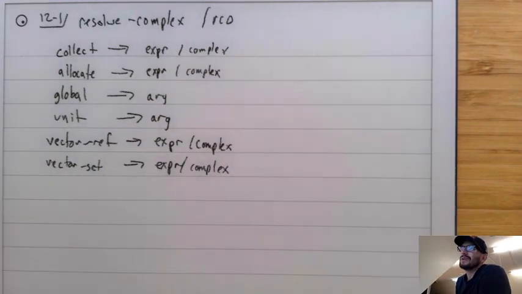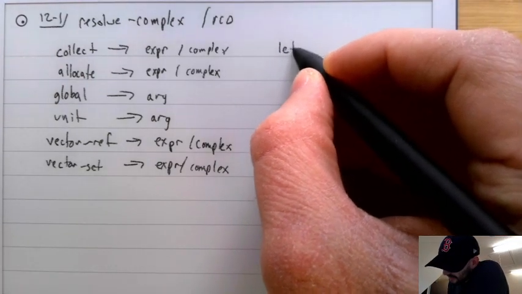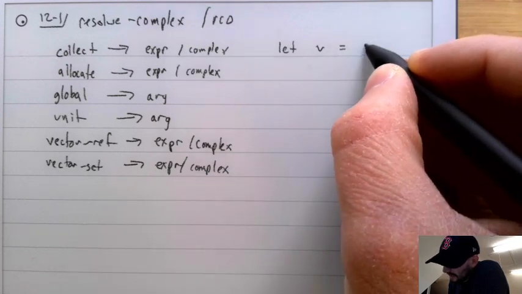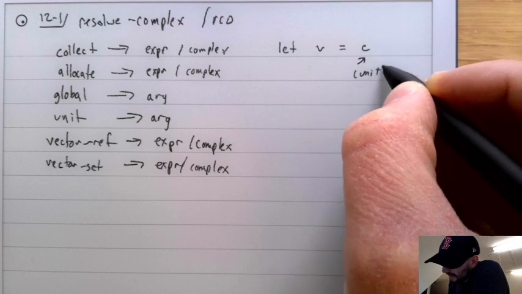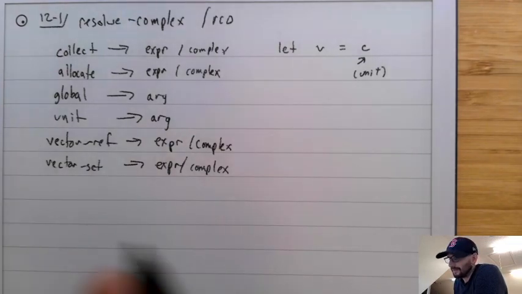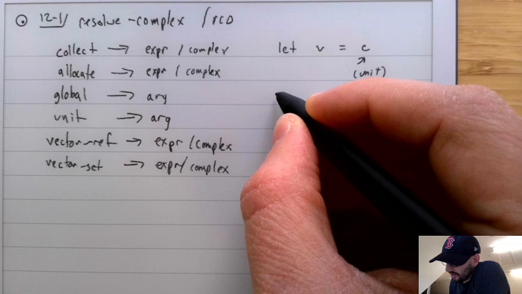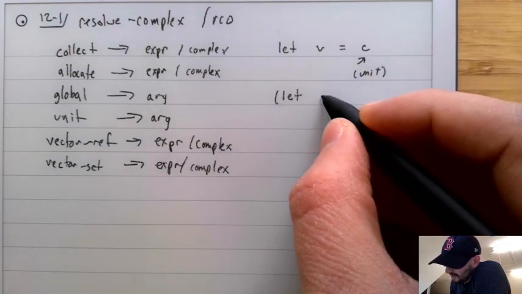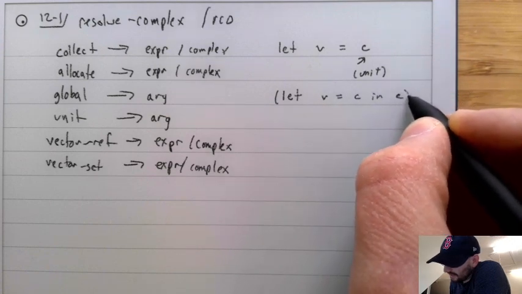Now, one thing you can do inside of your RCO pass is that you're going to have lots of examples of let a variable equal a complex where the type of this thing is unit. If the type is unit, then we know that V is actually a unit. Recall that our structure is basically a let of a variable equal a complex inside of another expression.